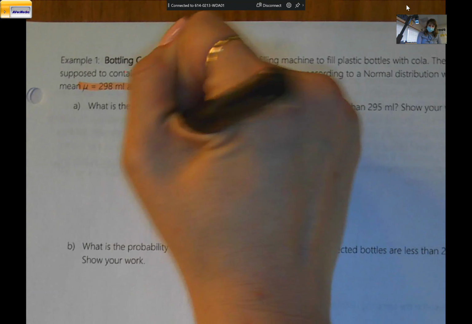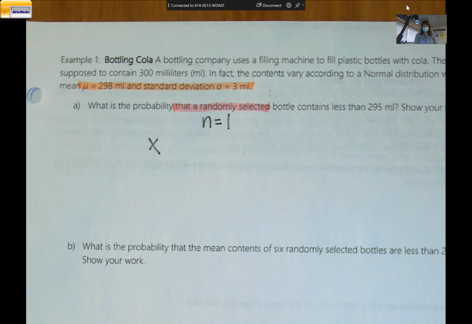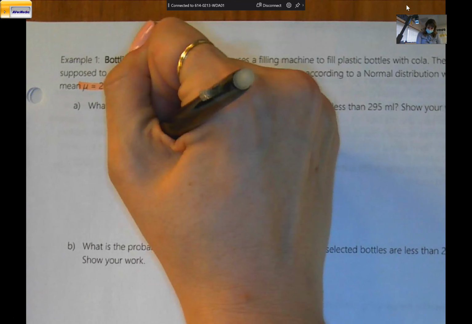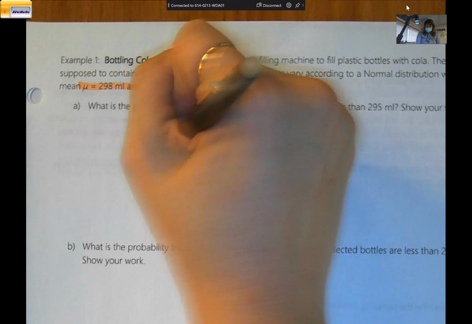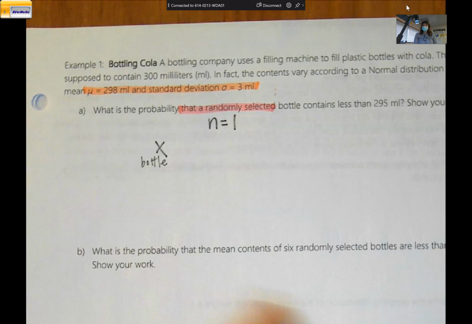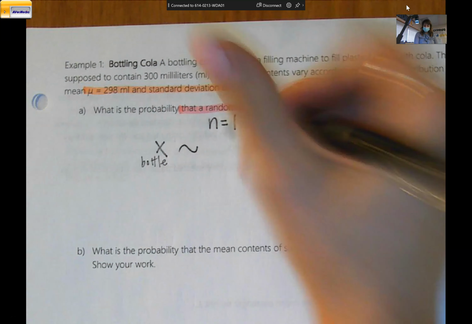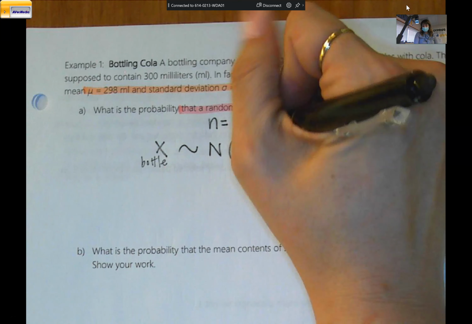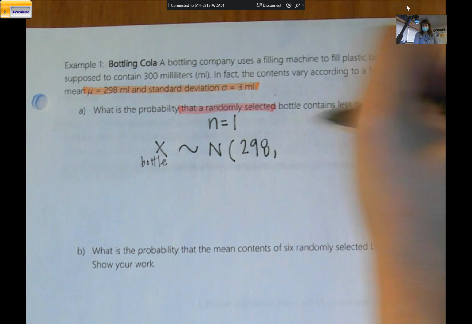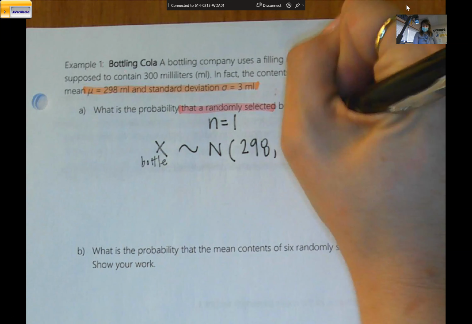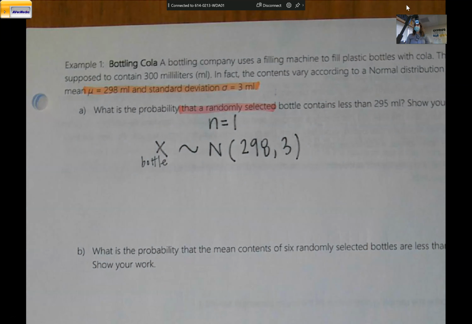We took x, that's our bottle, from a normal distribution with 298 as the mean and 3 as the sigma.